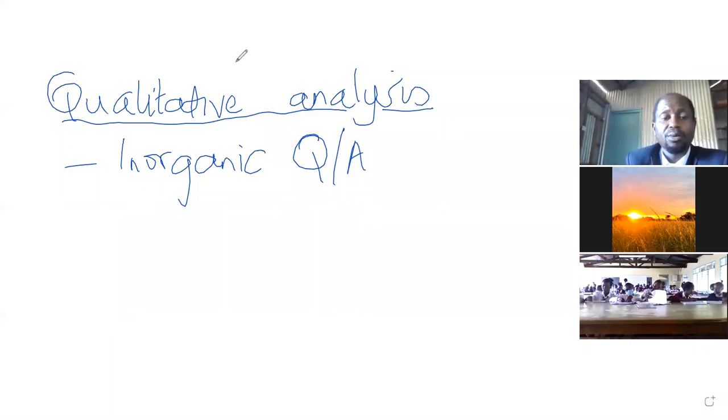So I will just be highlighting some of those tests and moving with a little more speed, so you get the points, especially on what is expected, observations, and inferences.